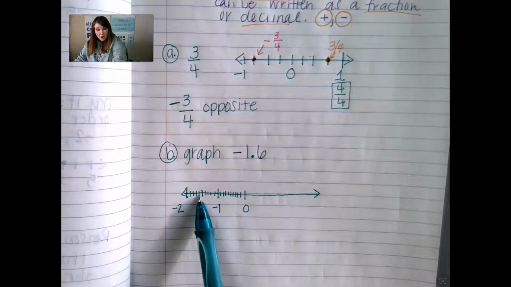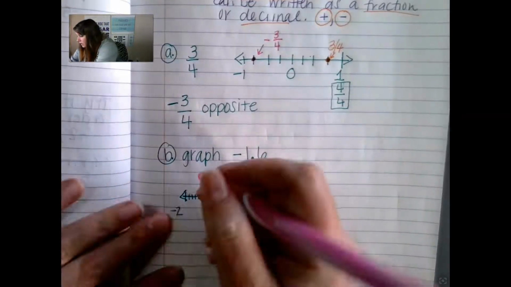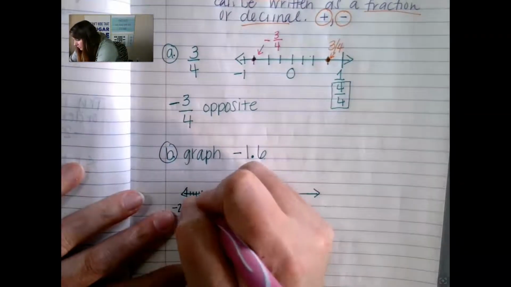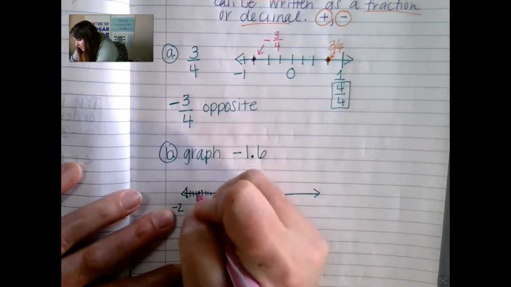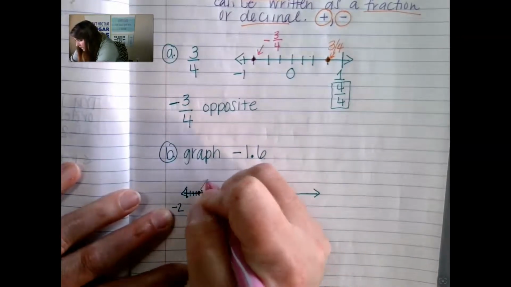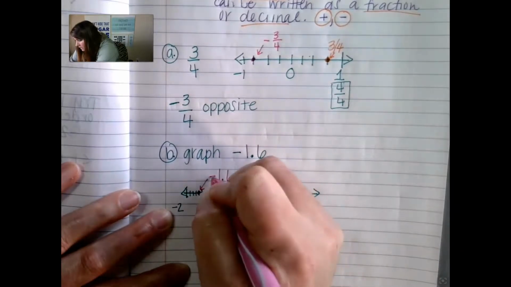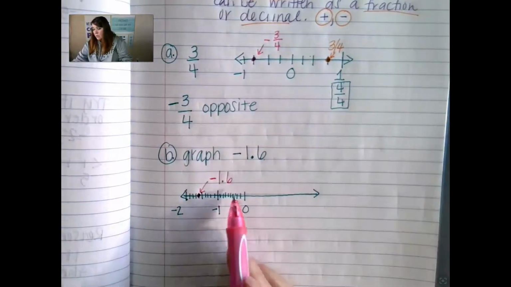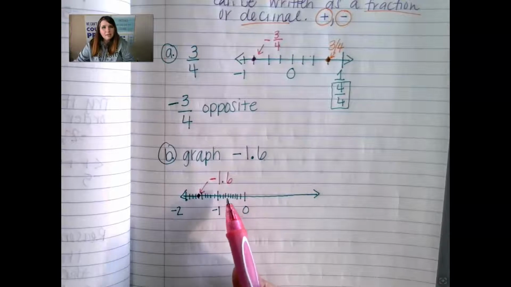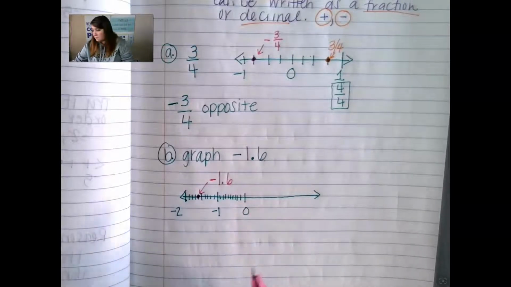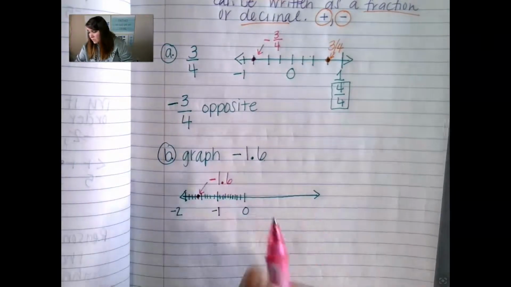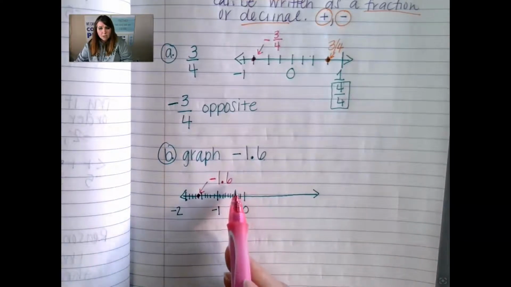So my dot is going to be right there after the halfway point. So this dot is negative 1 6/10. So even though it's a decimal, I can still think of it as a fraction because fractions are decimals. This is just one more rational number.